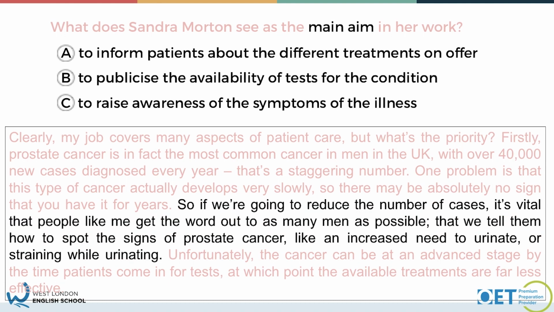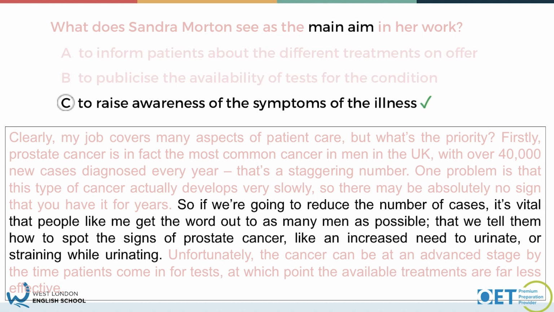"It's vital that people like me get the word out to as many men as possible, that we tell them how to spot the signs of prostate cancer, like an increased need to urinate or straining while urinating." Okay, and you can see with the options, clearly it fits in with option C.